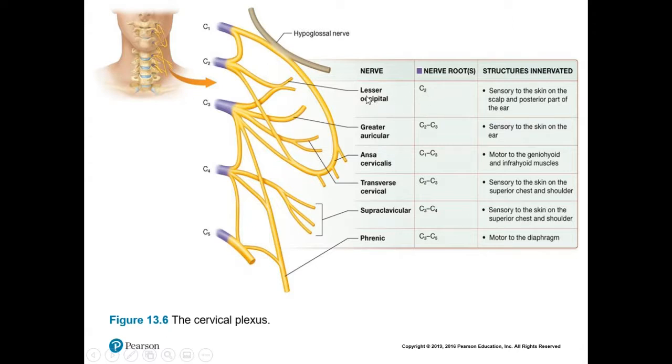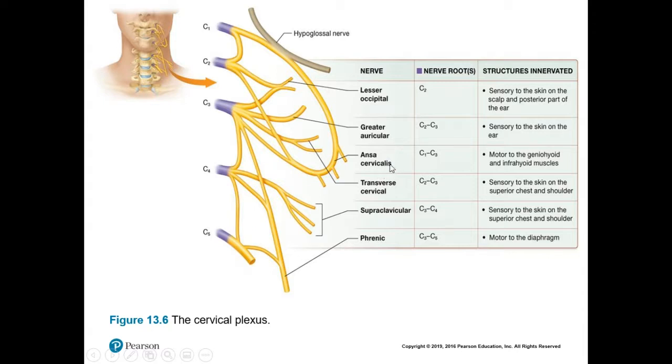So this would go and control, as the name implies, the bottom aspect of the occipital region in every structure located there, right? Including the skin, the ear, and so on. Mostly sensory. The greater auricular region, this is mostly ear, right? The name kind of gives it to you. Auricular means hearing or dealing with the ear, right? So C2 and C3.